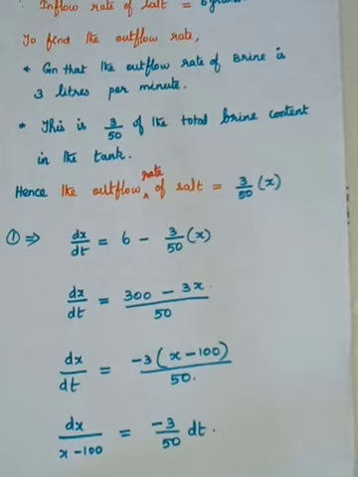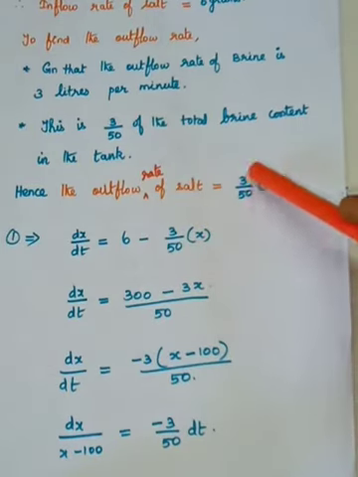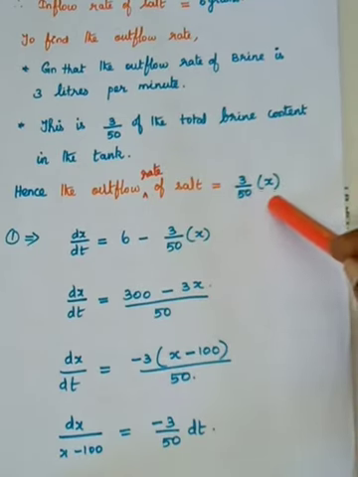Of the total brine content in the tank, 3 by 50 flows out per minute. So the outflow rate of salt is 3 by 50 of x. x we have already denoted as the amount of salt present in the tank.